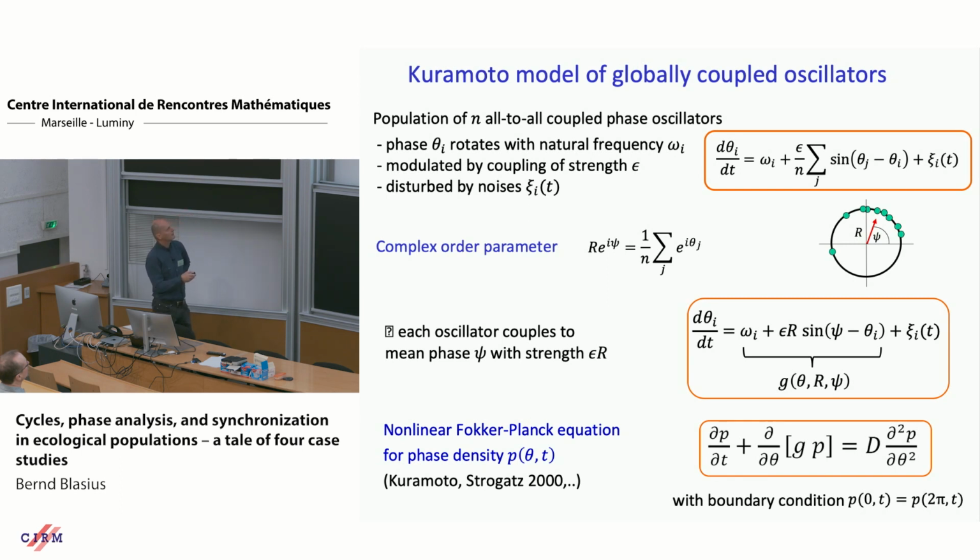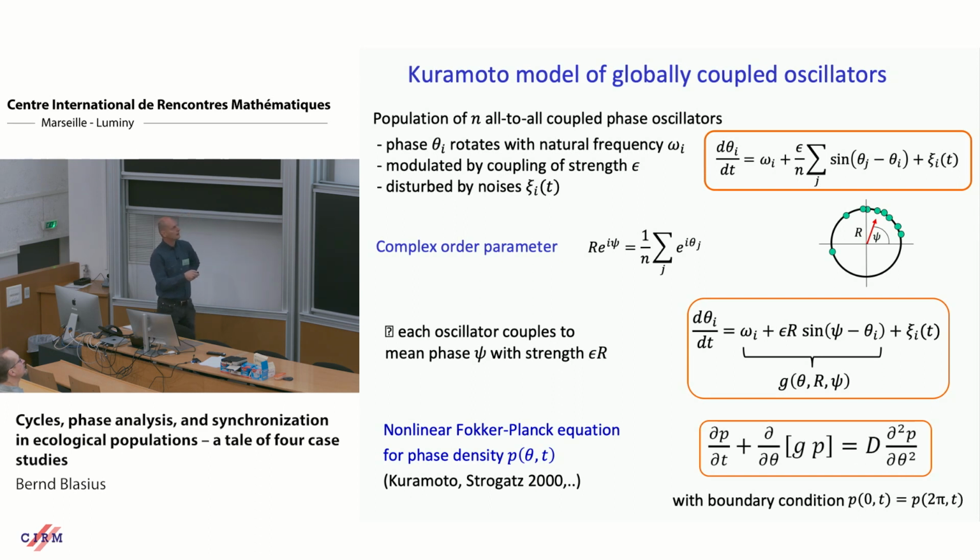And then you can rewrite the system so that you don't have all-to-all coupling. Actually, every phase is just coupled to the phase of the order parameter. So it's simpler to write down the system.